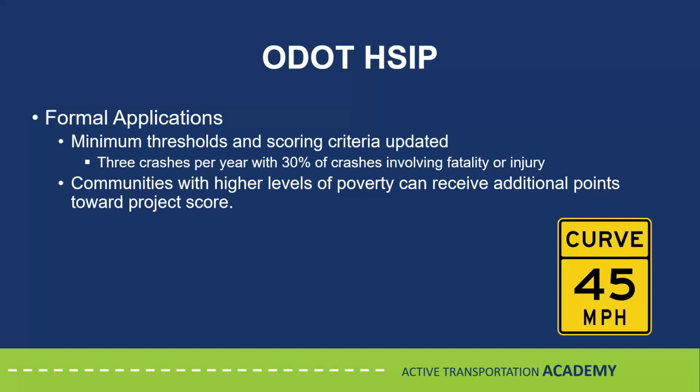ODOT will set target amounts for funding awarded each application cycle. The amount will be announced in advance of each round and based on available funding. ODOT will also expand opportunities for communities with fewer financial resources. Projects in communities with higher levels of poverty can receive up to 10 points toward the project score. These communities may also be eligible for a reduced local match.